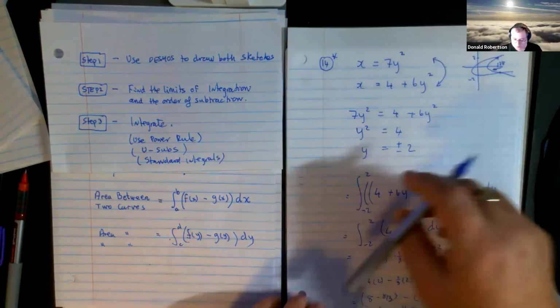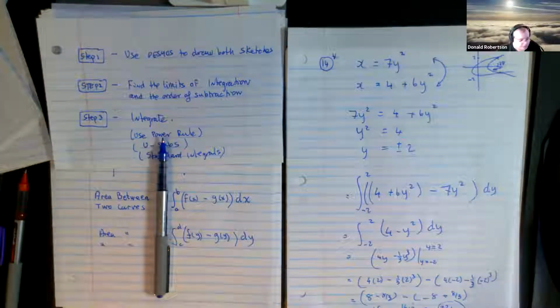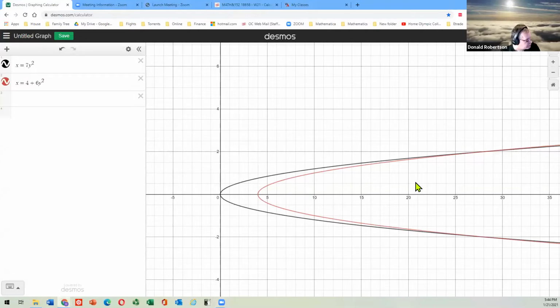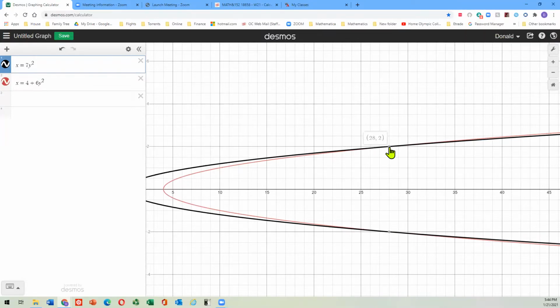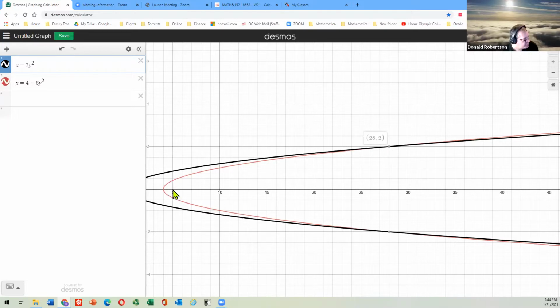The problem I was having with why I couldn't make this thing work is, I guess I should return and visually show you why I was getting all discombobulated. When you look at this question, isn't it very hard to tell that these two things cross about here? Yeah. See it at 28, 2. The 2 is the y coordinate, and that's what I needed to know.